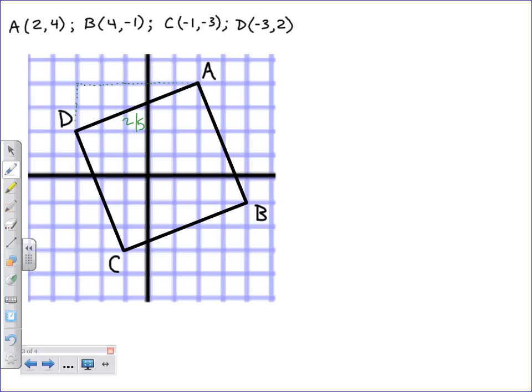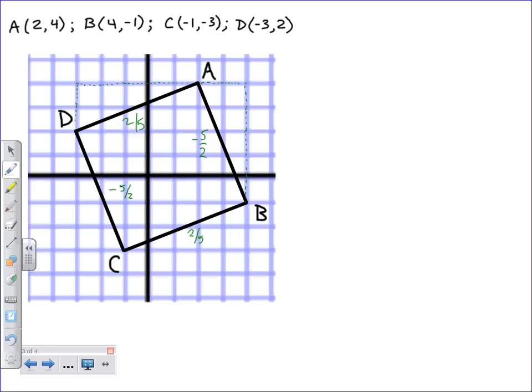For AB, you would go up 1, 2, 3, 4, 5, back 1, 2. This is a negative 5 halves because we're slanting backwards. This would be a positive 2/5, up 2 over 5, and up 5 back 2 for CD. So that would be a negative 5 halves.